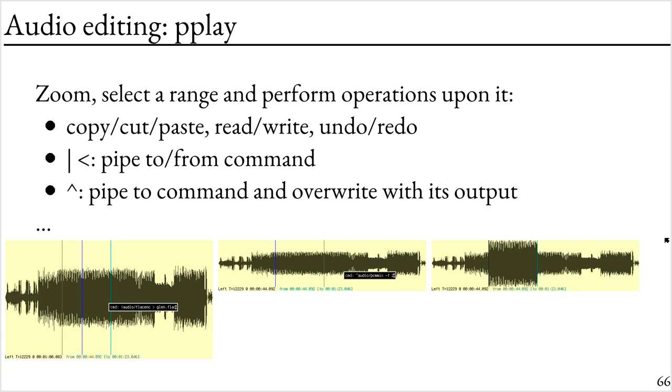You can send a given selection, a given range of data, to the standard in of a given command, or replace it with the standard out of a given command, or perhaps more usefully, the caret, which lets you pipe the selected range to a given command and then overwrite it with its output. So for instance, here we can use PCM mix directly to change the overall volume of this section here.